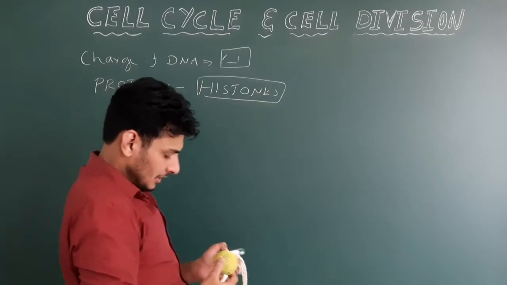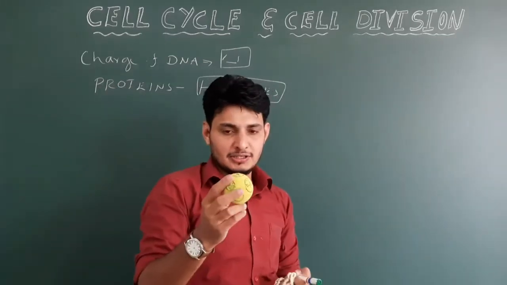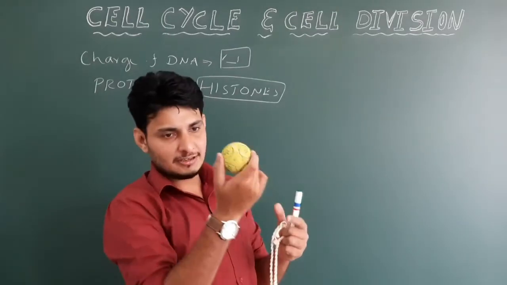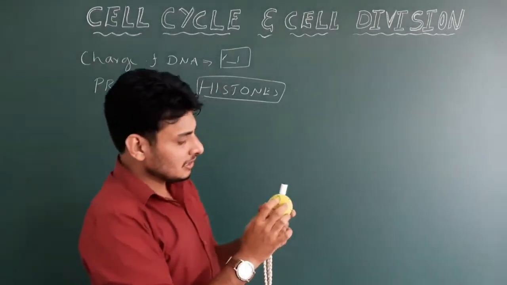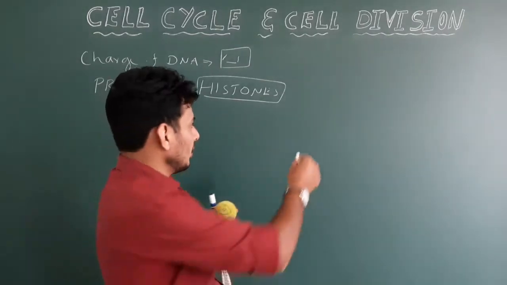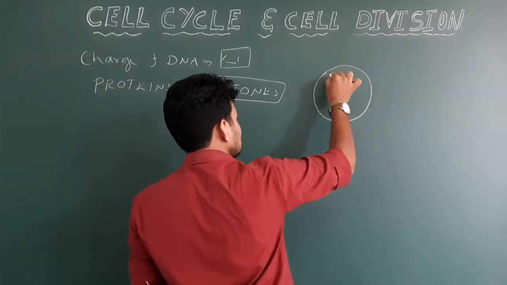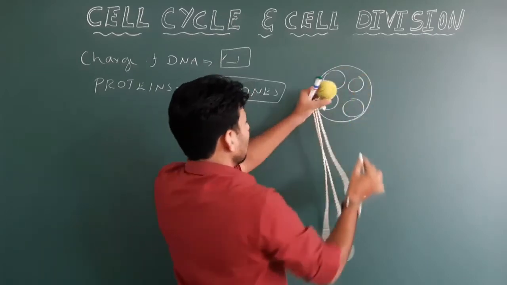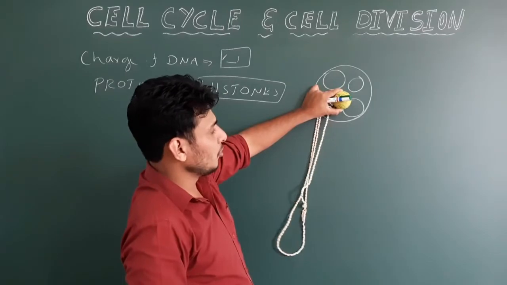Here I have a tennis ball and I have marked this. I have put around 8 circles: 1, 2, 3, 4, 5, 6, 7, 8. 8 are there in total. Each circle is nothing but a type of protein. This is one ball, and it has certain circles inside. This is one particular part of the ball, the visible part.